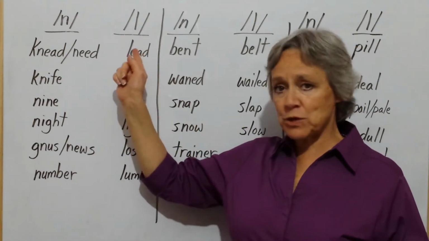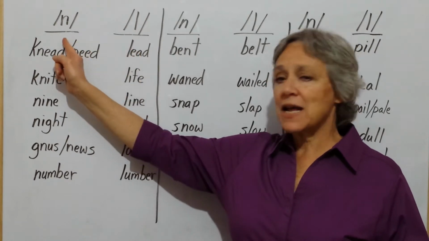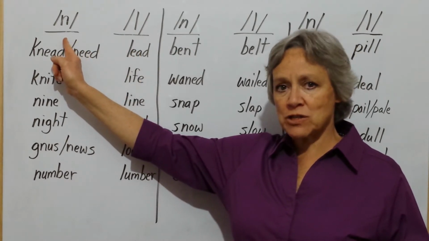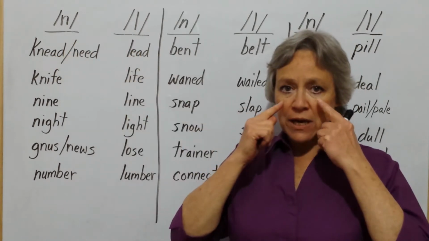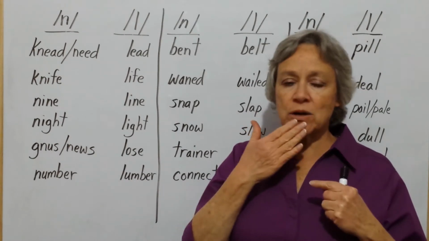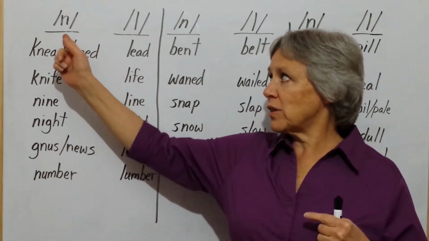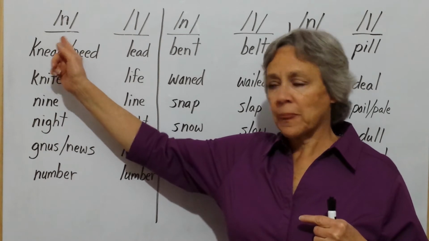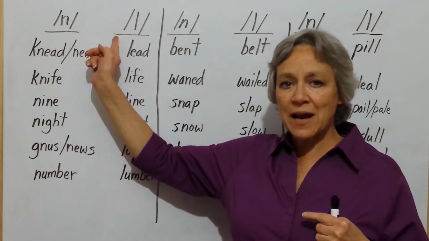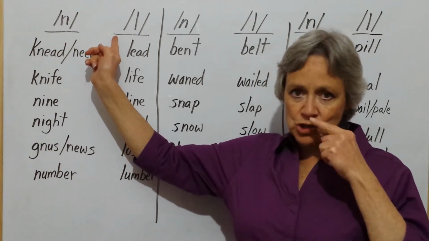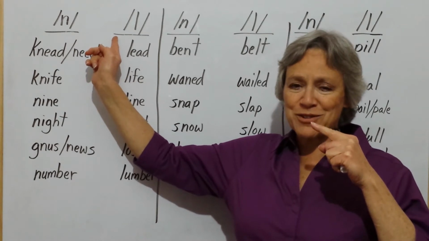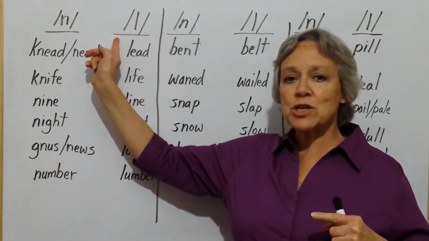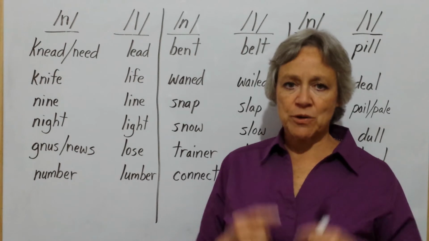But the big difference between these 2 sounds is that n is a nasal sound. So we are pushing the air through our nose. No air comes out of the mouth with this sound. This sound, though, is not nasal. We do not push air out of our nose but we do allow the air to come out of our mouth.